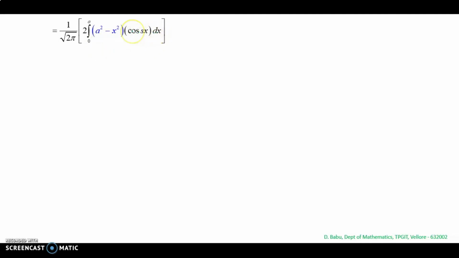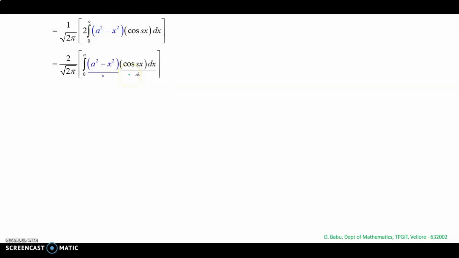If you choose cos as u, the differentiation of cos is minus sine, then minus cos, then sin x, then cos x, and it never ends at 0. Therefore, we cannot choose cos as u. For a square minus x square, the first differentiation with respect to x is minus 2x, the second is minus 2, and the third is 0. So it converges to 0. Therefore, we choose a square minus x square as u.